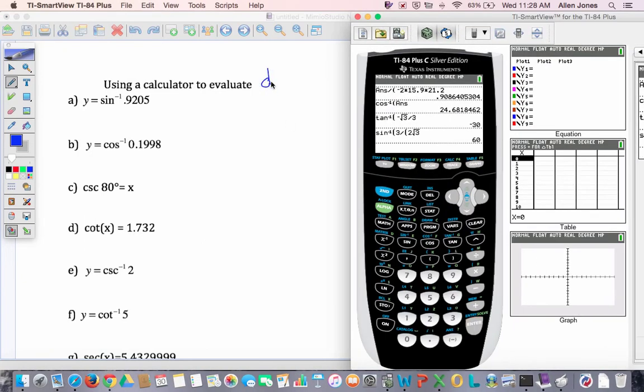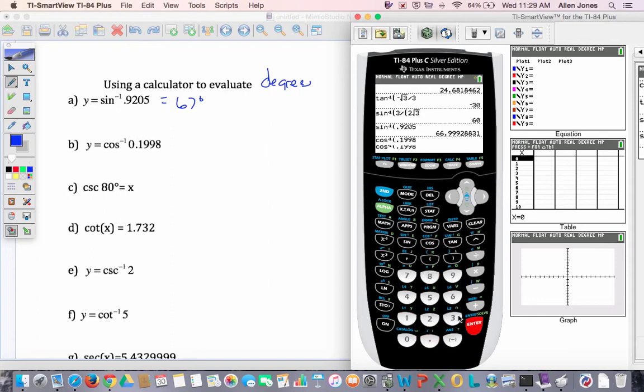I'll go ahead and pull our calculator back. It says use our calculator to evaluate, and we'll go ahead and put those in degrees where necessary. So the inverse sine of 0.9205 gives us about 67 degrees. We'll just make life simple for all these. Inverse sine, to the nearest degree, 67 degrees. I'll type at least one more in here.